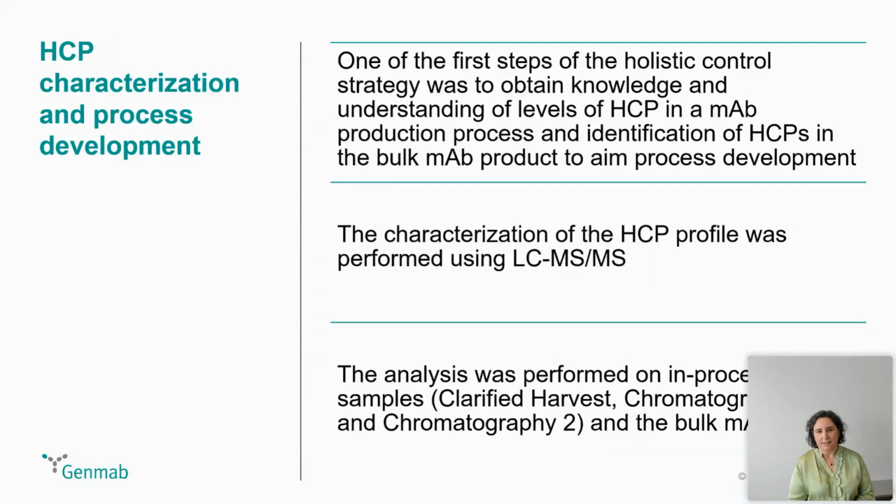So for that we use characterization of the HCP profile by LC-MS, and the analysis was performed on in-process samples for clarified harvest, chromatographic step 1, chromatographic step 2, and the bulk mAb product.